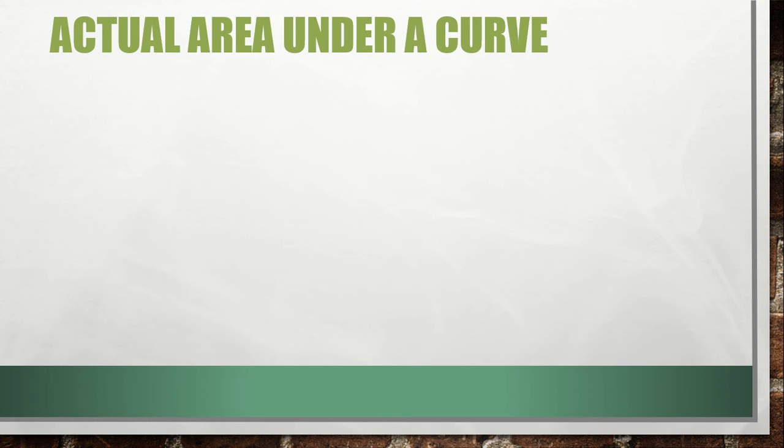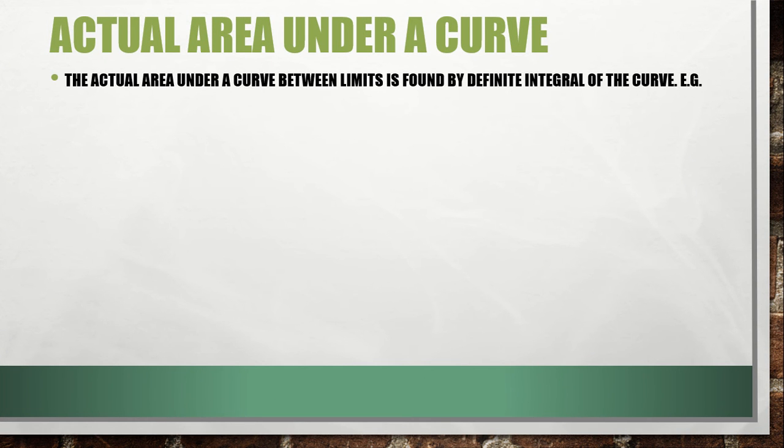Now, actual area under a curve. How is this calculated? The actual area under a curve between limits is found by the definite integral of the curve. What do I mean? A definite integral is where we integrate a particular function under a specific, defined limit.